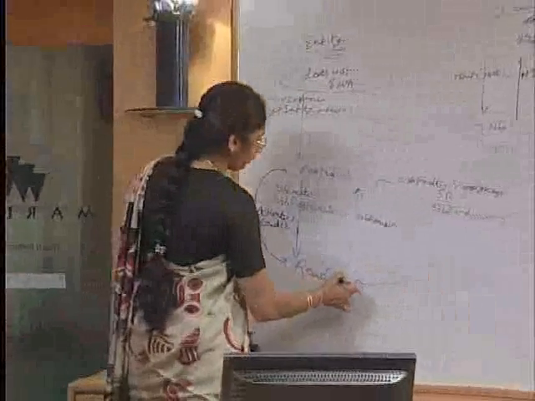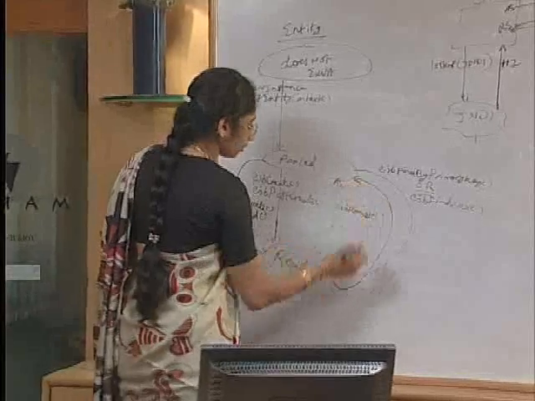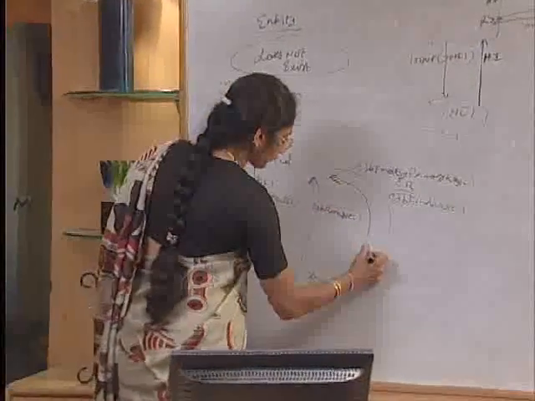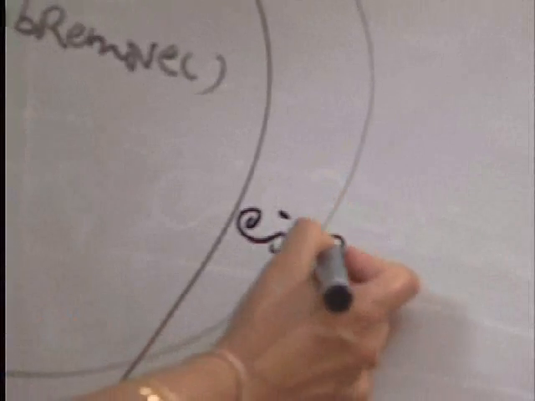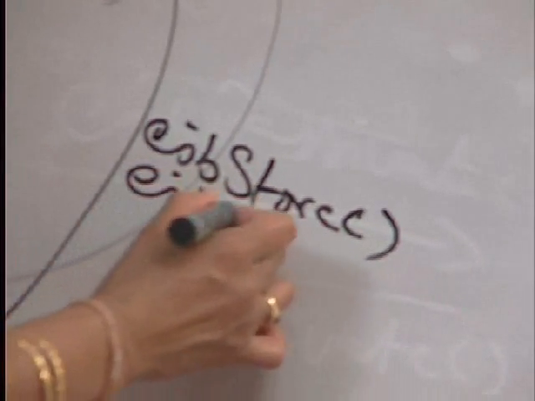Similarly, we go back from a ready state to a pooled state by calling EJB store and EJB passivate methods.